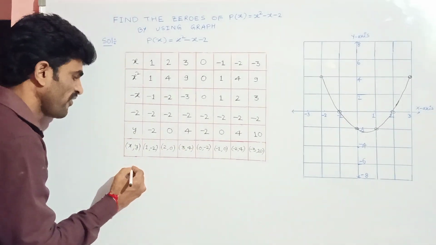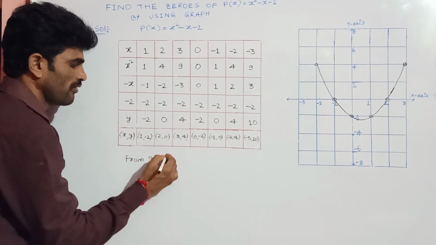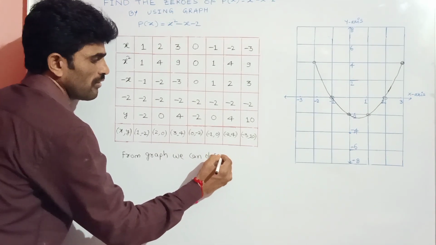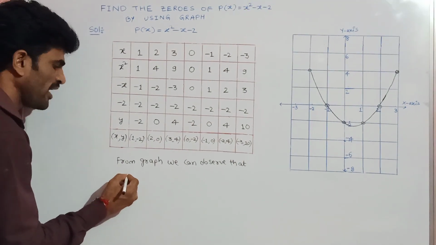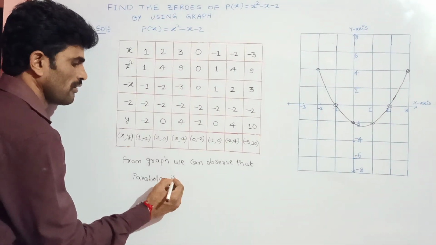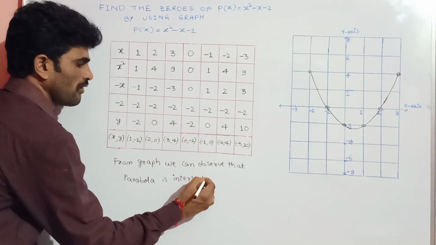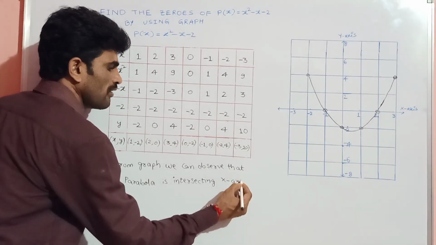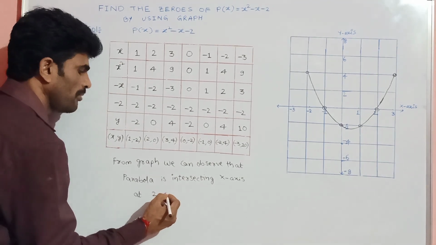Let us write: from the graph we can observe that the parabola is intersecting the x-axis at 2 comma minus 1.